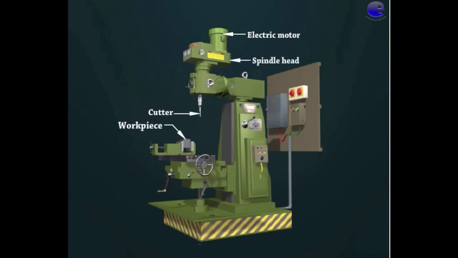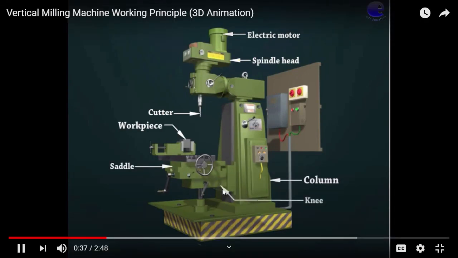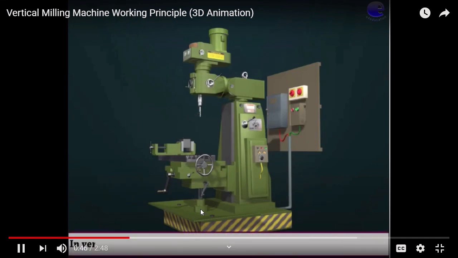That is the cutter, and that's the workpiece where I want to cut, and that is the saddle, and this is the column. This is the knee that we discussed in the diagram, this is the knee elevating handle, and this is the screw below here.